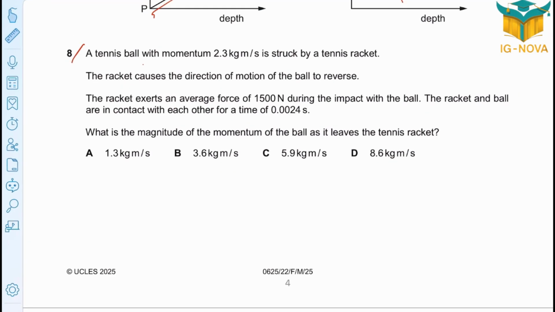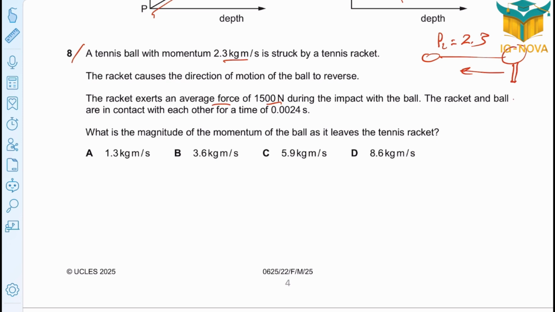Question 8. A tennis ball with momentum 2.3 kilogram meter per second is struck by a tennis racket. The racket causes the direction of the motion of the ball to reverse. The racket exerts an average force of 1,500 Newton during the impact.